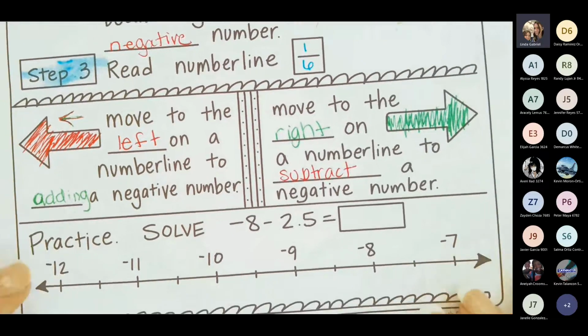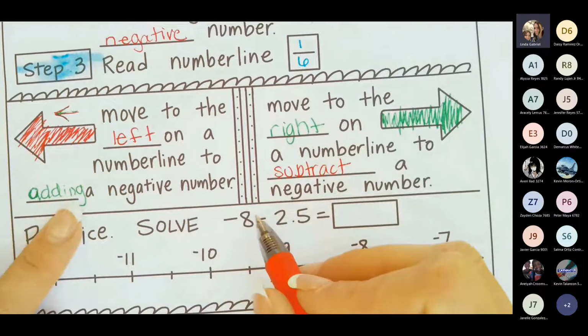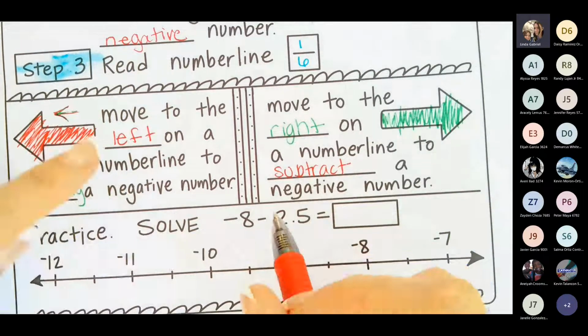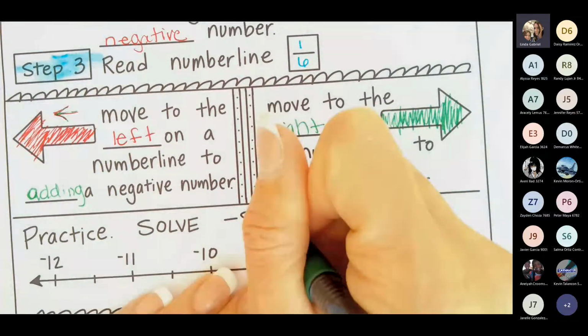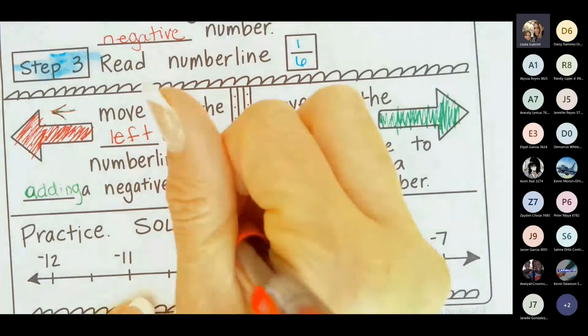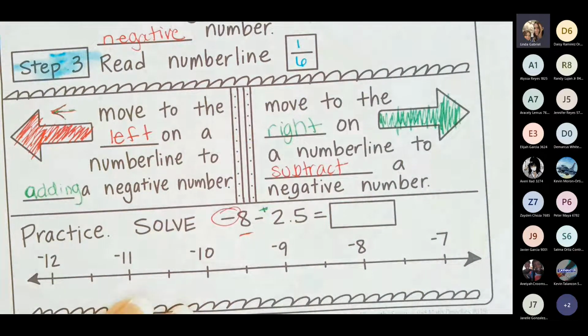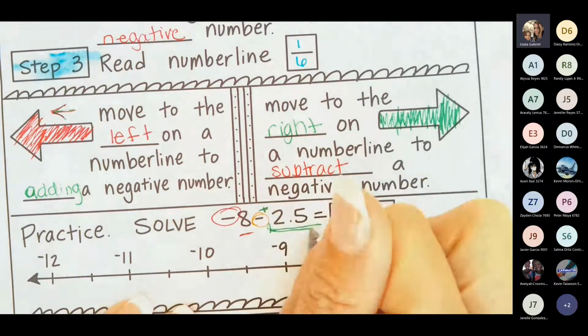All right, and here's a little bit of practice. Okay, we're going to go back to practicing adding a positive number. It's kind of like what we learned last time. So if I have negative 8, right, and I am subtracting a positive 2.5, right, because there's the negative sign in front of it.